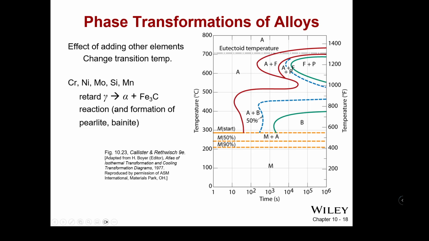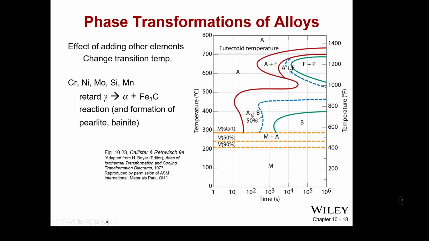This reaction and the formation of perlite and bainite are keys to the process. So when you add in these alloying elements, eutectoid temperature is 727 still. This region is austenite. Martensite is below about 270, 280.